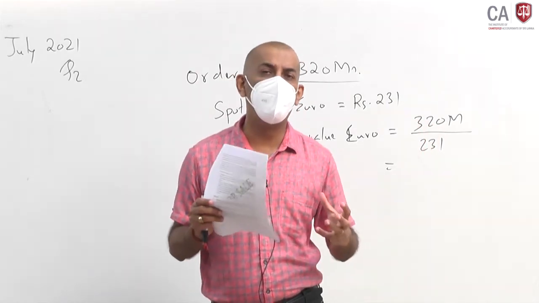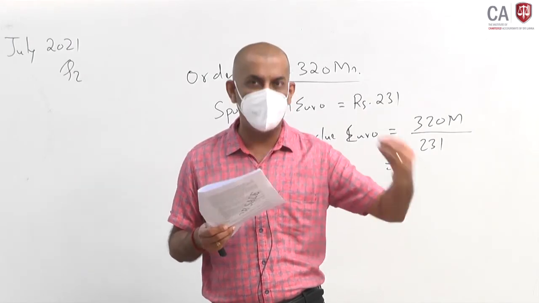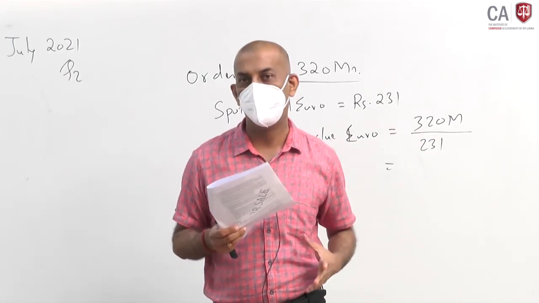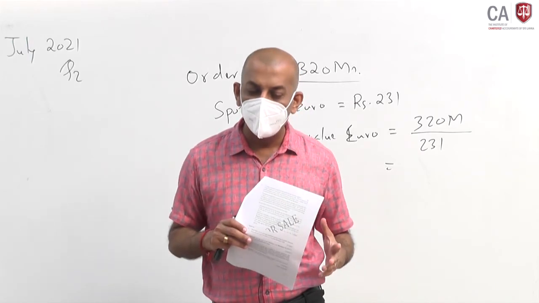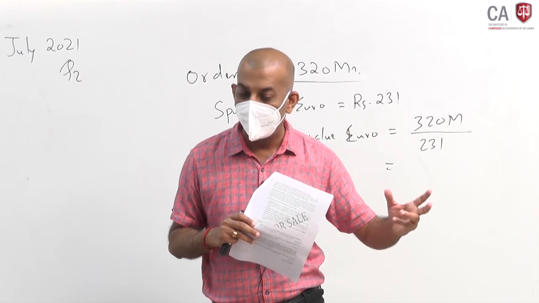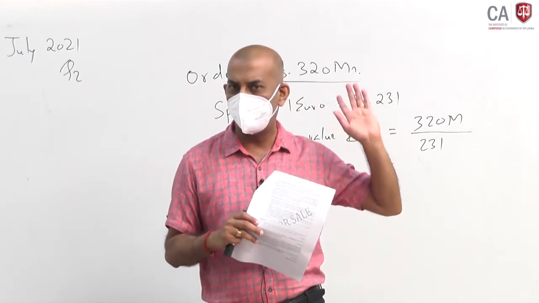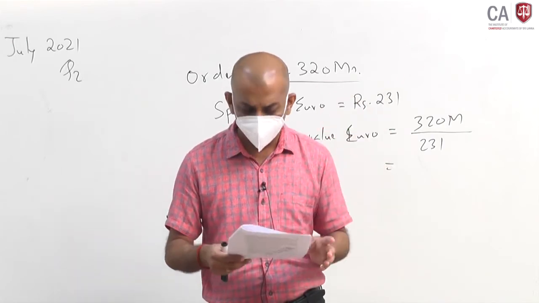So that basically tells us this is the value of the euro currency we are going to get as sale proceeds in 6 months' time. Now the question is asking, advise ABC on the best course of action it could take in respect of the new order it has received. So we know this is the transaction, 320 million.